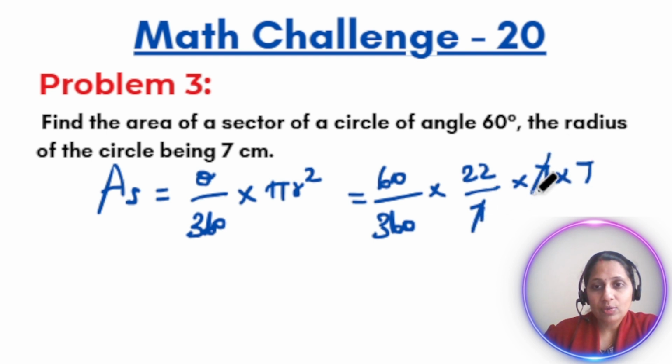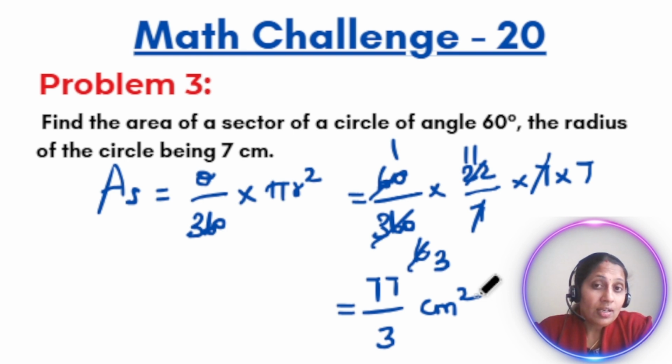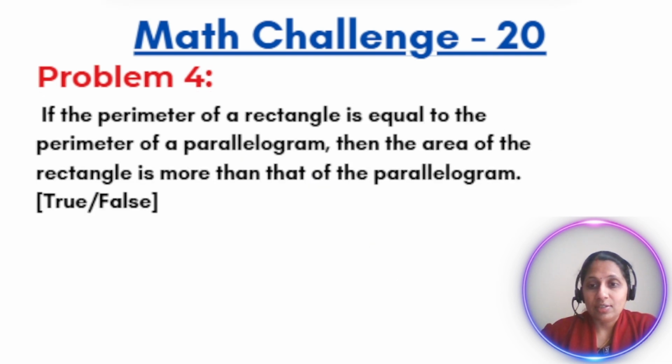So cancel out 7 here. This is 1 time, this is 6 times, this is again 3 times, this is 11 times. So the area of the sector is 77 by 3 centimeters square. Once you are clear with the formula, the entire mensuration becomes very easy for you, right? So share it with a friend who really struggles in mensuration.